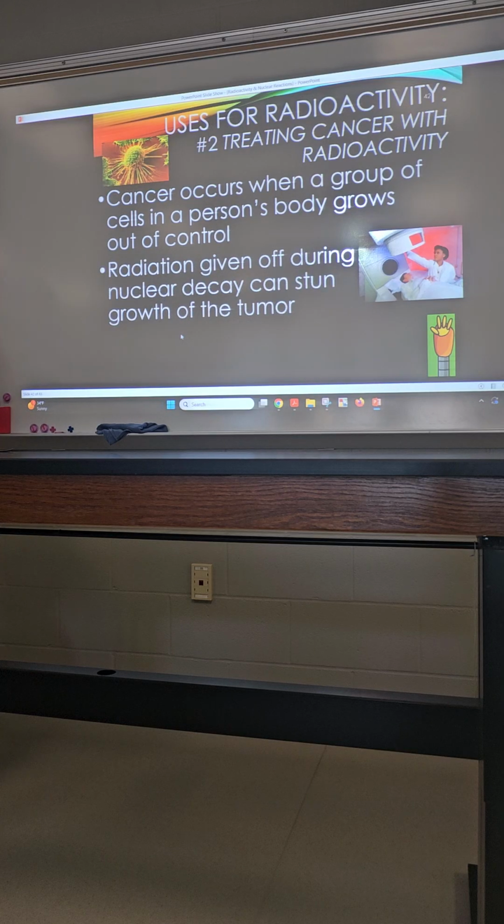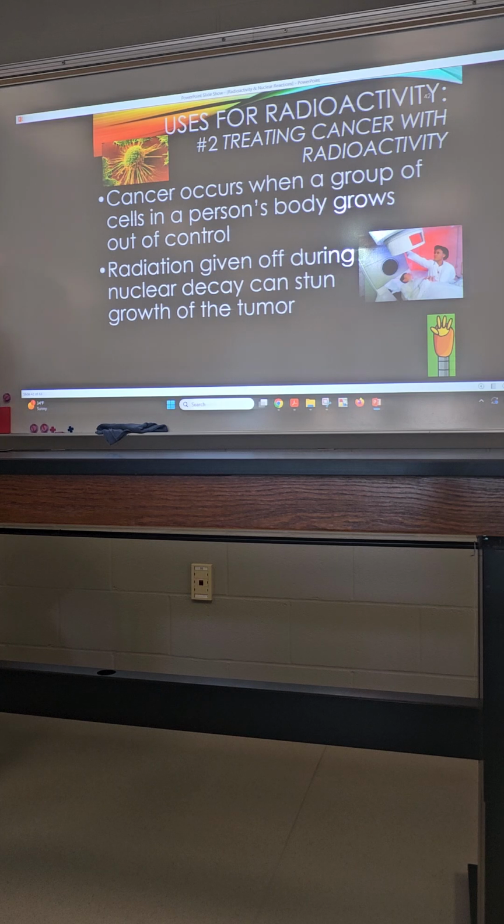Okay, so radiation given off during nuclear decay can stunt the growth of a tumor. It basically kills any cells that it is directed at, which is why it has to be so precise, so pinpointed, because you want to just attack the cancer cells, but if it hits any of the healthy cells, it's also going to kill them as well, which is why there are some side effects of radiation. If you know anybody who has ever had to go through radiation, you know there are some side effects.